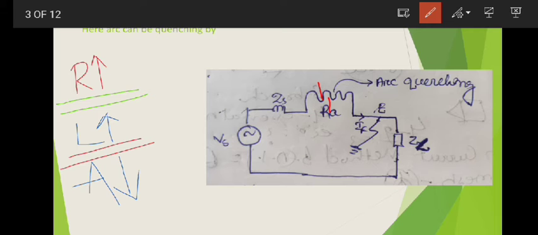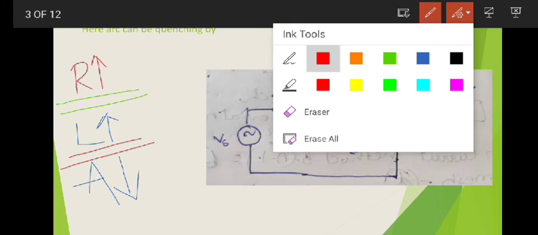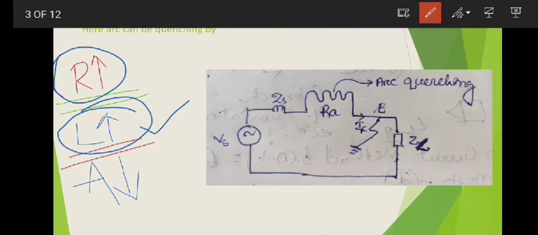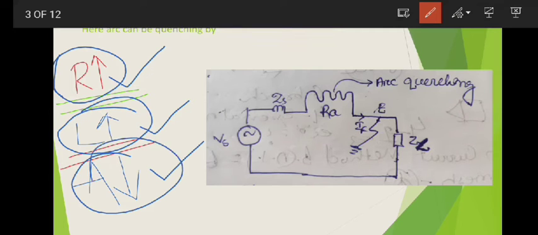There is a chamber here where the arc can be quenched. By increasing the resistance, the length of the arc quenching medium is also increased, and by reducing the area of cross section we can easily split our arc, and that can be quenched.